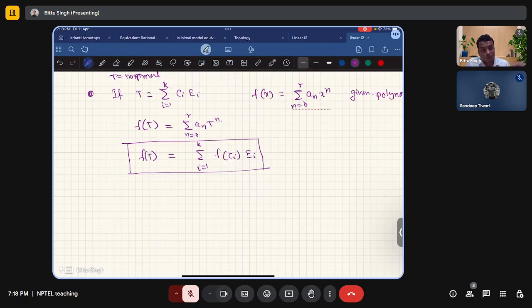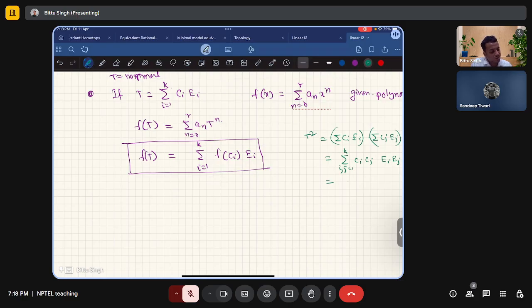For example, let us check a small case, not the general one. What is T square? T square is the same as the sum of ci ei times the sum of cj ej. If we multiply those two, there will be ci times cj and ei times ej. Now ei times ej will get cancelled if i is not equal to j, where i and j both vary from 1 to k.